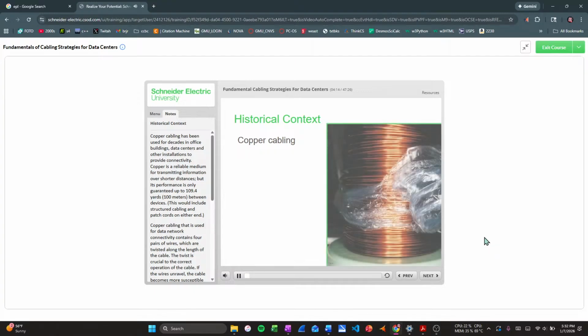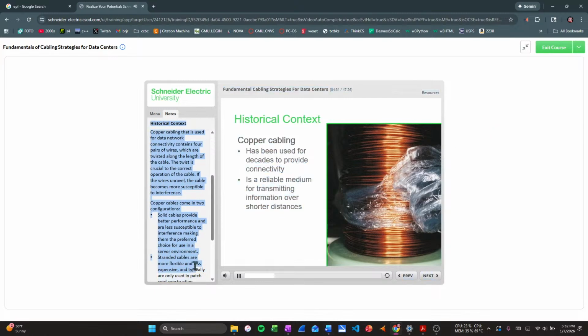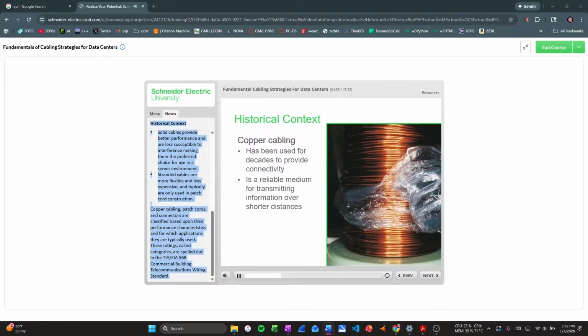Copper cabling has been used for decades in office buildings, data centers, and other installations to provide connectivity. Copper is a reliable medium for transmitting information over shorter distances, but its performance is only guaranteed up to 109.4 yards or 100 meters between devices.